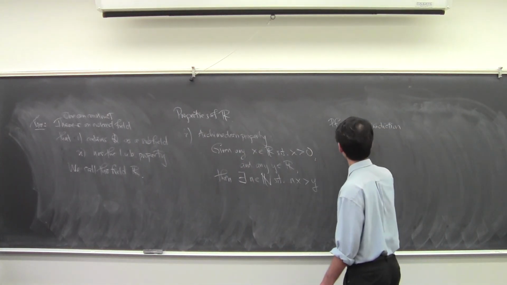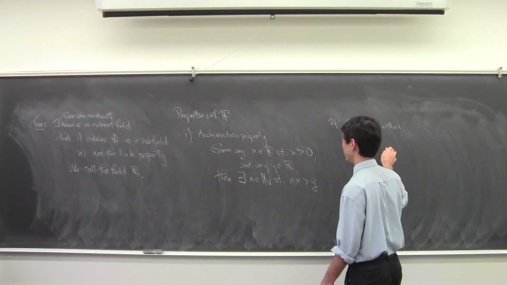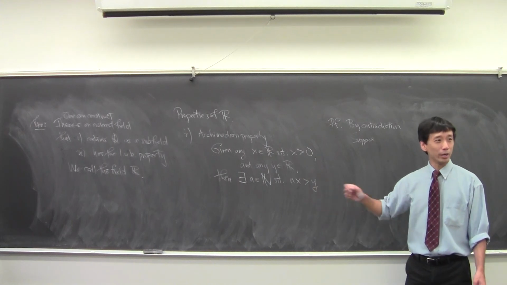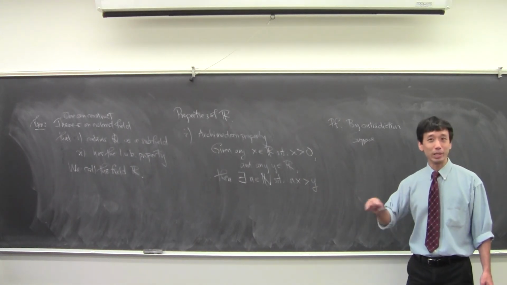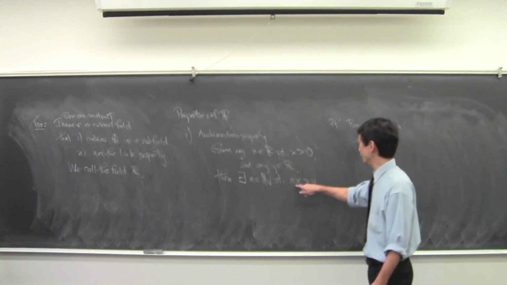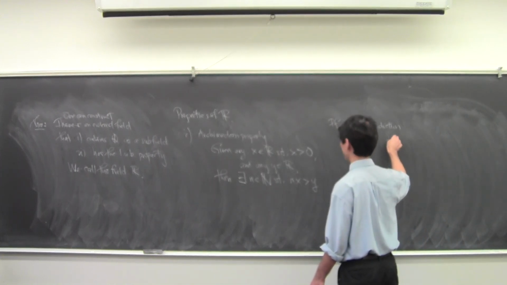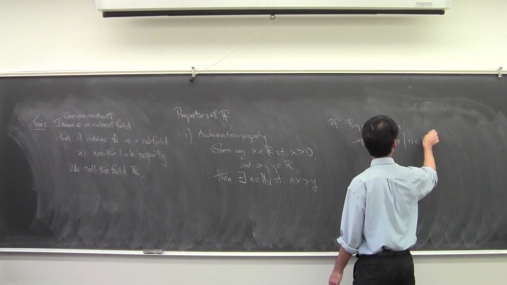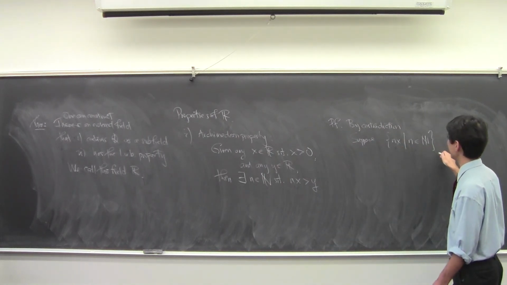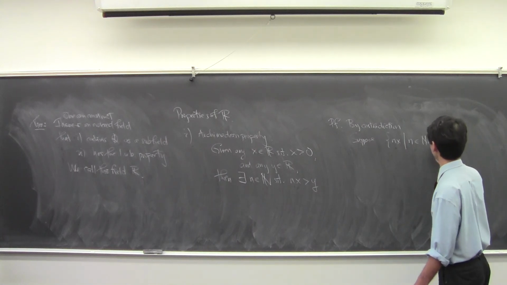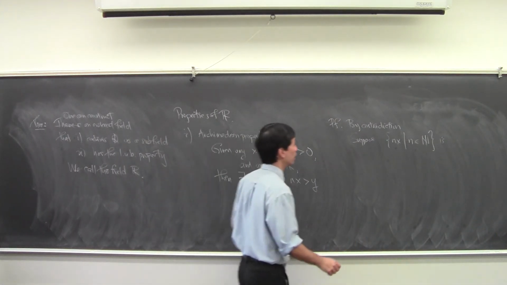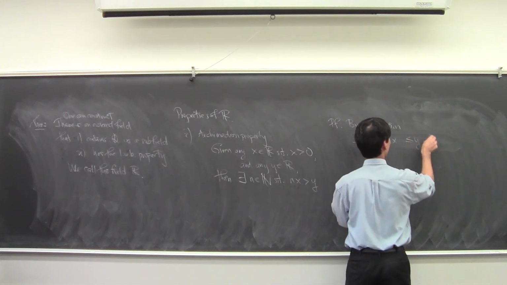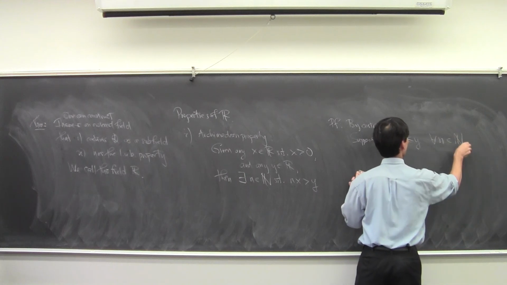Okay, so suppose that it's not the case. No matter how many times you use that spoon, you never empty the bathtub. In other words, if we look at the set nx, where n ranges over all natural numbers, suppose that nx is less than or equal to y for all natural numbers.